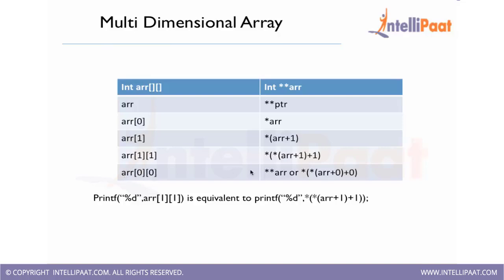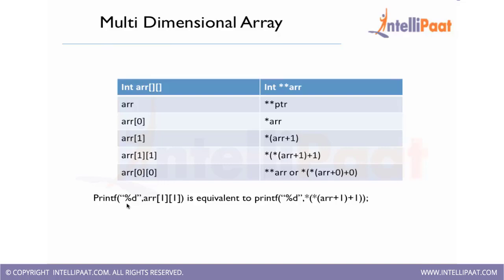Similarly, arr[0][0] is equal to **arr. This is how we resolve it in terms of pointers: the value at address arr plus 0 gives us some address, and then the value at that resolved address plus 0. This is how we ultimately land on the final value of an array.